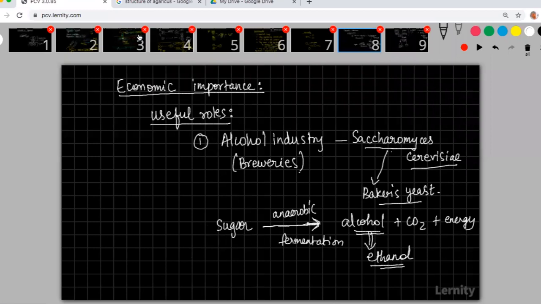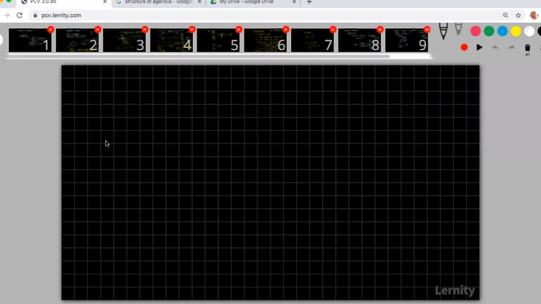Then the second industry is the baking industry. In the baking industry, you have baker's yeast. This is also Saccharomyces cerevisiae only. They make dough and add yeast to it.